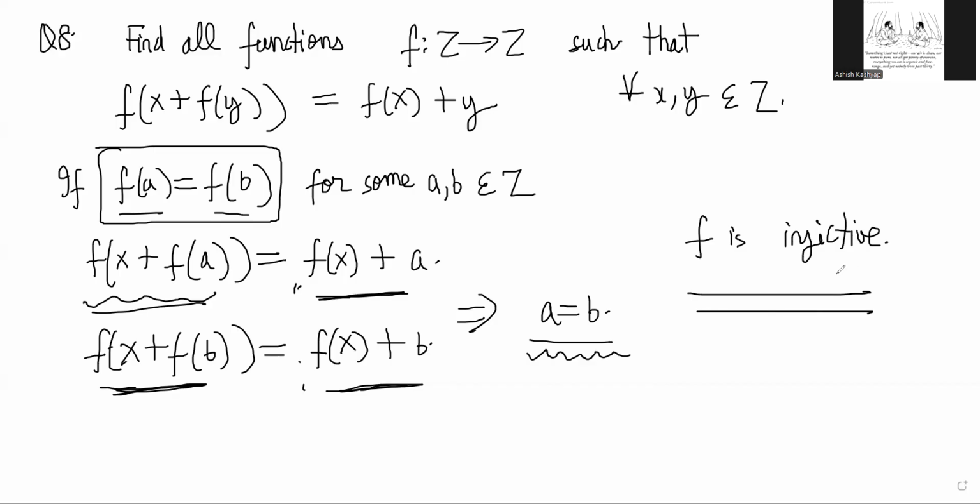Now we will go ahead and try to solve this equation. So let's put y is equal to 0 in this functional equation. The functional equation was f of x plus f of y is equal to f of x plus y, right?